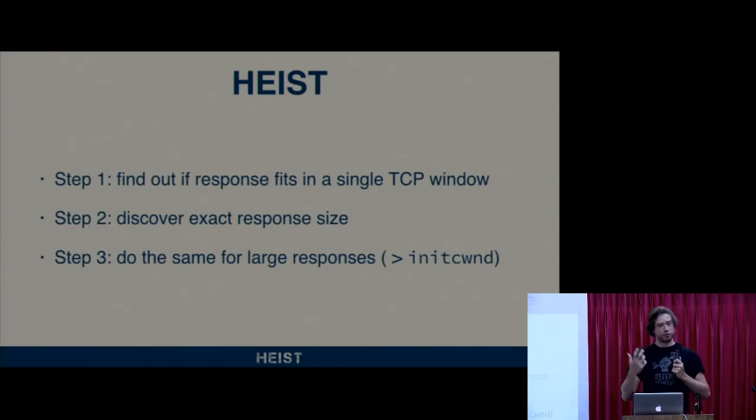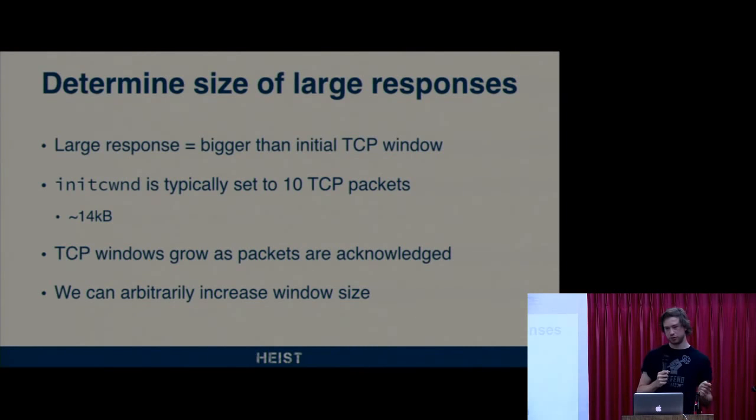There, the attacker would use a trick to first increase the congestion window to a value that he wants. Because TCP works in a deterministic manner, it's easy for him to increase this TCP window.